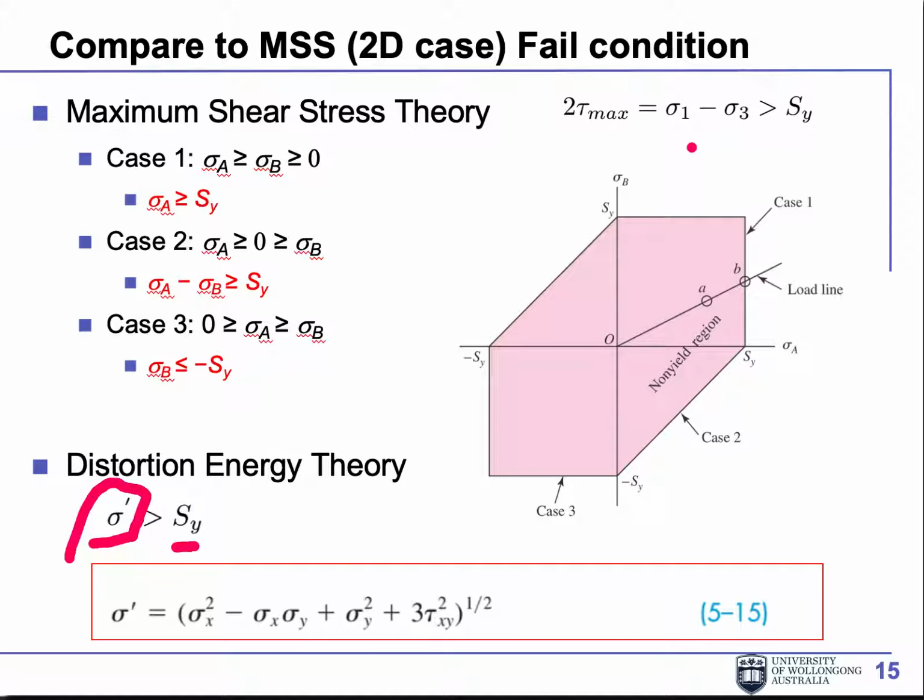Okay? For the maximum shear stress, we use twice the tau max to compare with SY. So hopefully when you calculate this in the exam, you get more clear with what's given here.